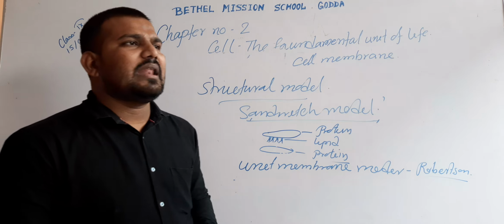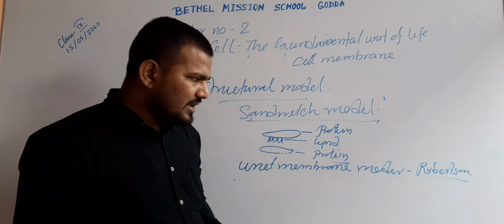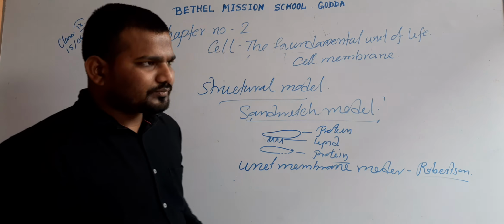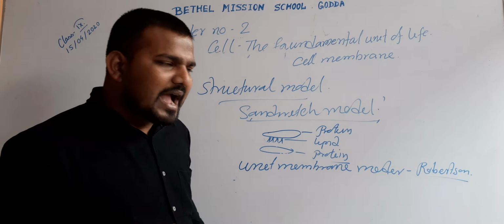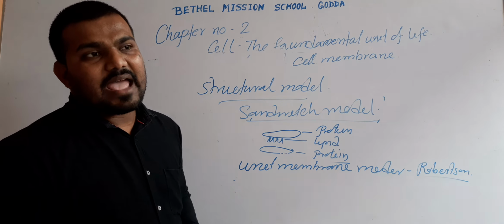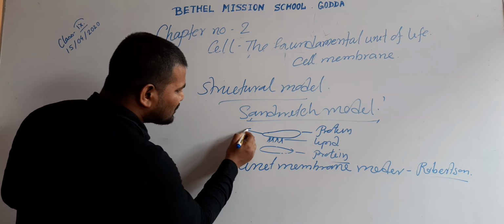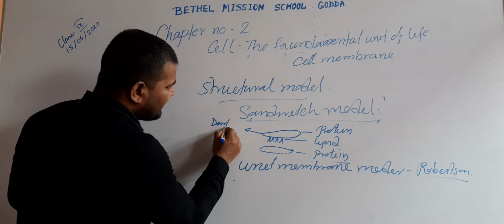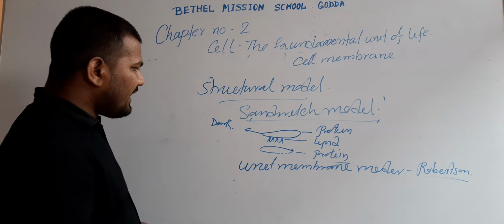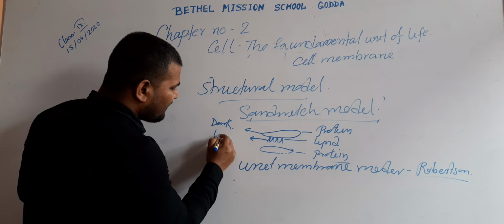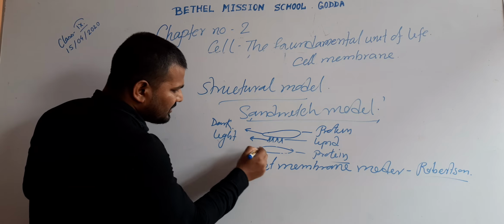When his models were observed by the electron microscope, he coined the term that the cell membrane is a tri-layer membrane. The electron rays do not pass through the protein layer, which is why it forms the dark band, whereas the electron rays easily pass through the lipid layer, which forms the light band.